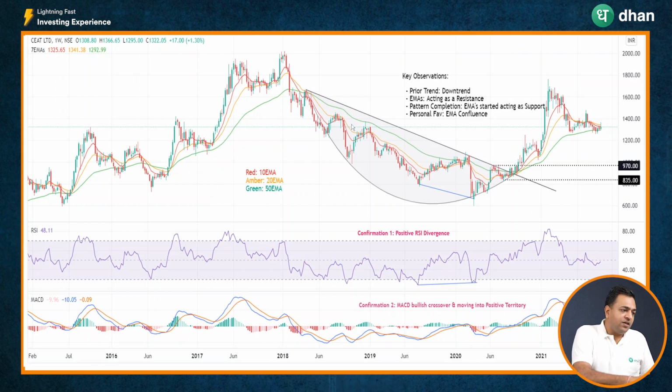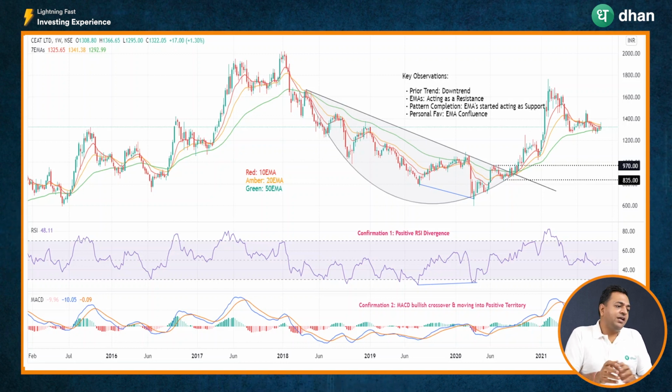If you notice the length of the real body candles here, they have huge variations. The low and the high price have a huge gap. But when the pattern seems to be complete, the stock price consolidates and it's very range bound, or the band is very narrow. So these are very good indication signs that your pattern seems to be now complete.